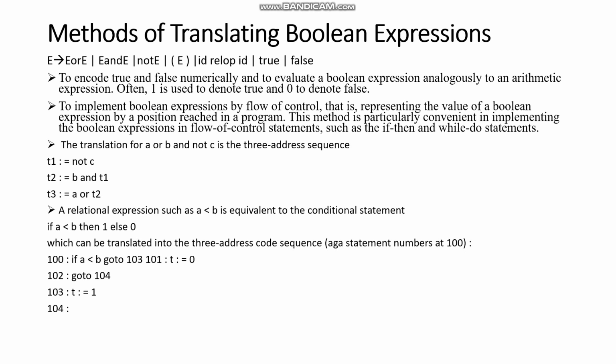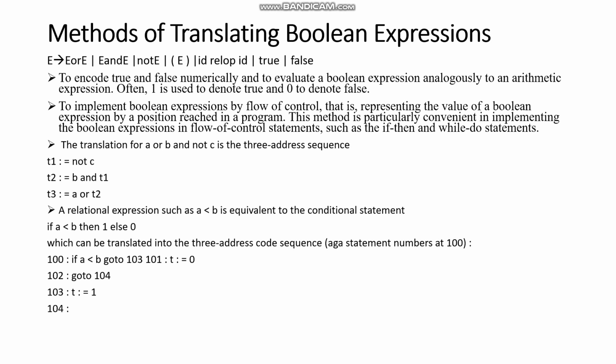To encode true and false numerically, and to evaluate a Boolean expression as an arithmetic expression, often 1 is used or 0 is used. 1 indicates true, 0 indicates false. To implement a Boolean expression by control, that is, representing the value of a Boolean expression by a position reached in a program. This method is particularly convenient in implementing Boolean expressions in flow of control statements.